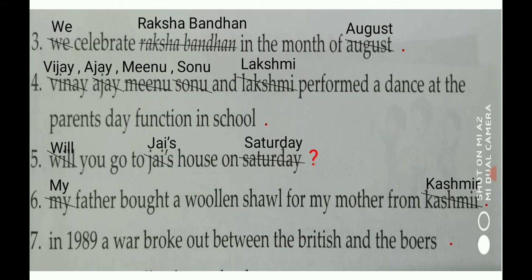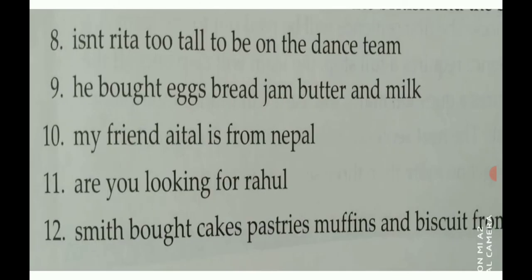Okay, so here the first letter of the sentence will be capital. So we will change in, then British and Boers. So we will write in with a capital, then British and then Boers. Right? Let's move on to the next sentence.